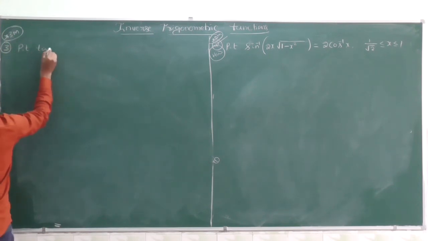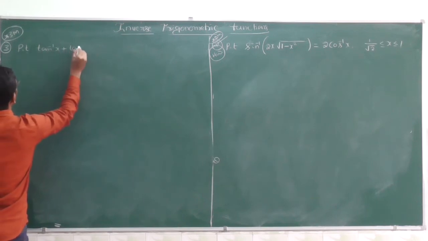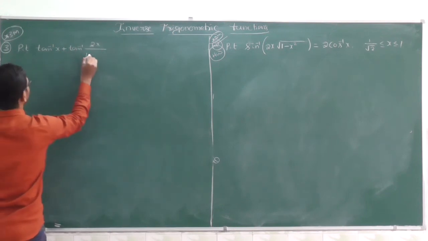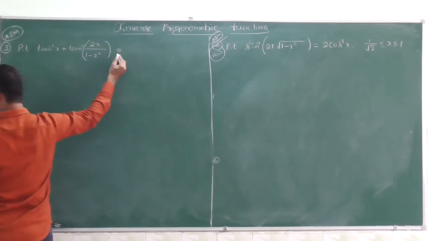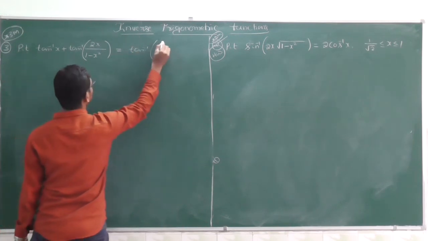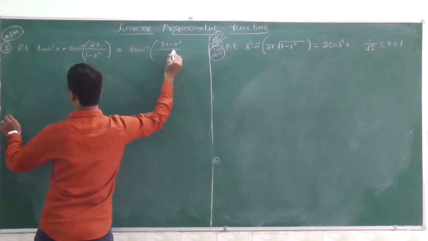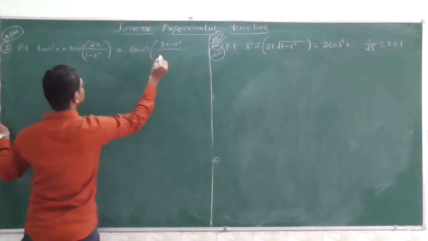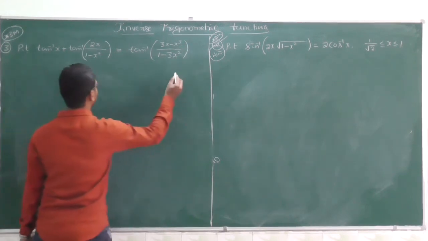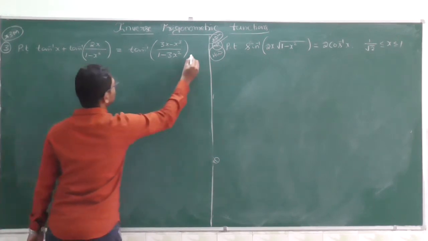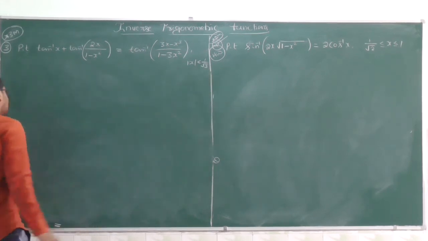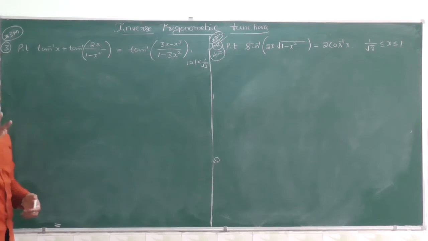Prove that tan inverse x plus tan inverse of 2x divided by 1 minus x square equals tan inverse of 3x minus x cube divided by 1 minus 3x square, where modulus x is less than 1 by root 3.